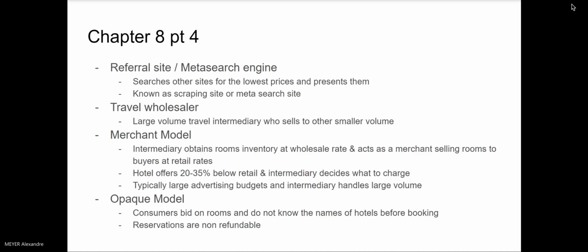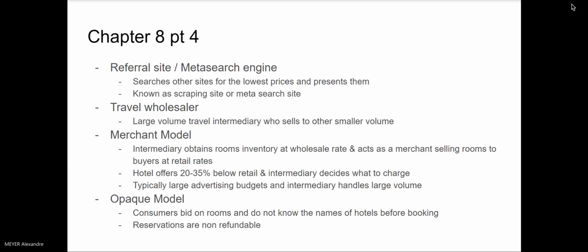The merchant model is where an intermediary attains rooms at a wholesale rate and then acts as a merchant by selling rooms to buyers at retail rates. An example of this would be Hotels.com or Expedia. Merchants buy a hotel room at a wholesale rate, which is generally 20 to 35% below the retail rate.